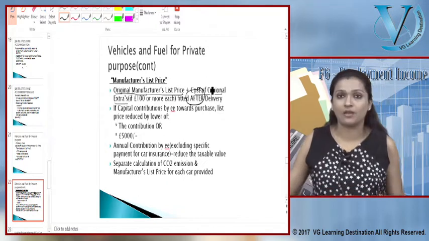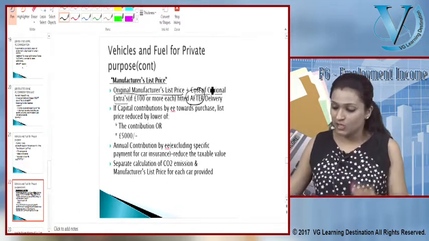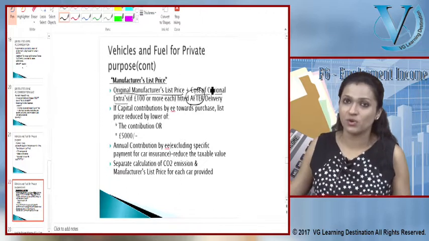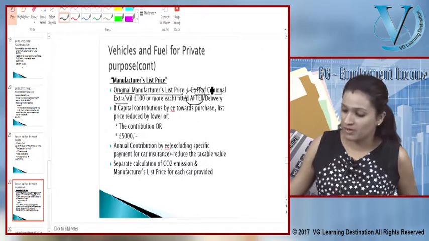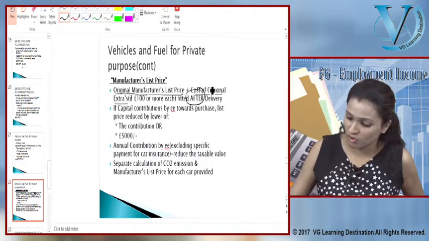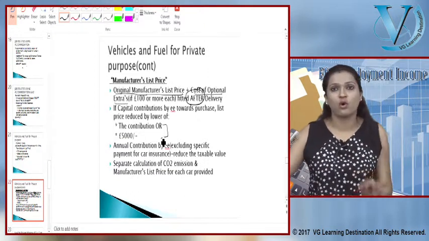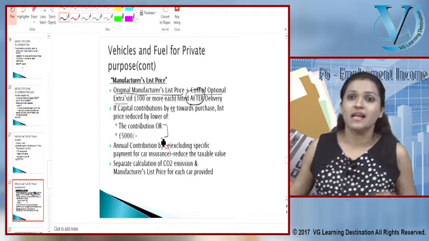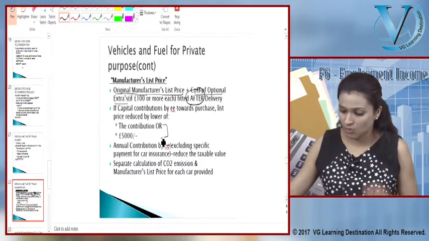If any capital contribution has been made by the employee, definitely that gets reduced, because the list price is going to get reduced by it. How much? The list price is reduced by the lower of the contribution or a maximum of 5,000 pounds that the employee can contribute towards the car benefit that the employer is providing.